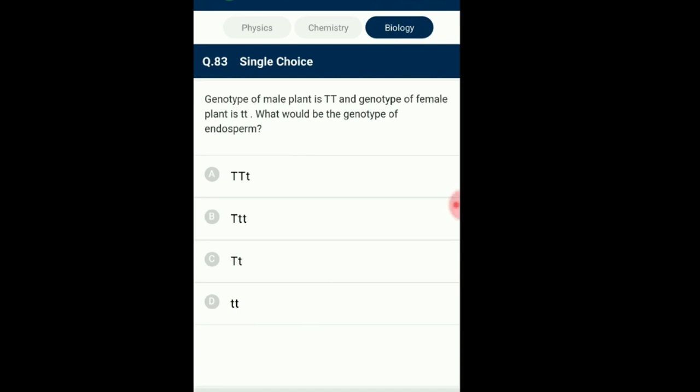If the male parent is capital T, then the male gamete will be haploid, that is a single capital T, and the female parent is small t, so the two polar nuclei will have small t and small t. Thus, the genotype of endosperm is capital T, small t, capital t... so the answer for this question is option B, capital T, small t, small t.